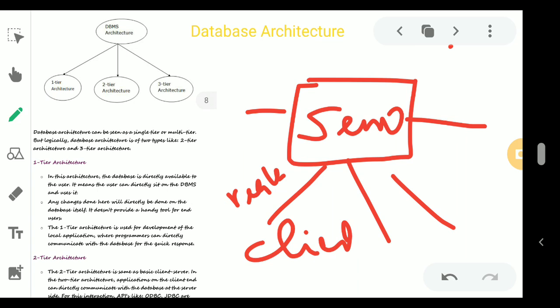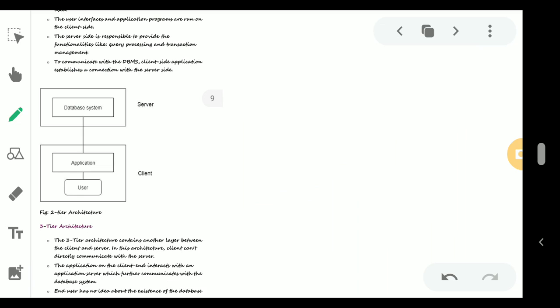So the two-tier architecture is the same as a basic client server. In this two-tier architecture, the application on the client can directly communicate with the database server through APIs. These are actually ODBC, JDBC, the user interface, and the application program. So the user actually uses these interfaces, that is the application program, to communicate with the final database.